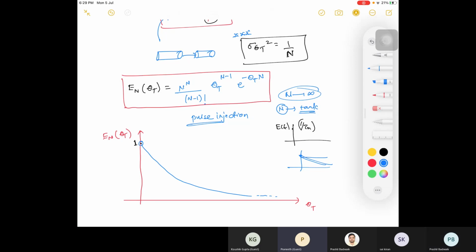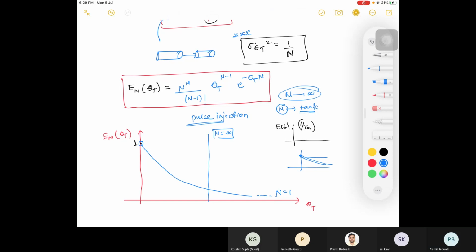Same as input, like instantaneous. That is your Dirac delta function. So it will be around this. This curve you will find in Octave Levenspiel. So this is for n equal to 1 and this is for n equal to infinity.